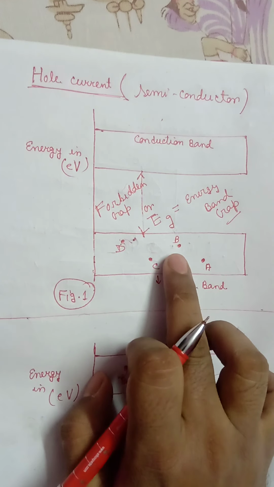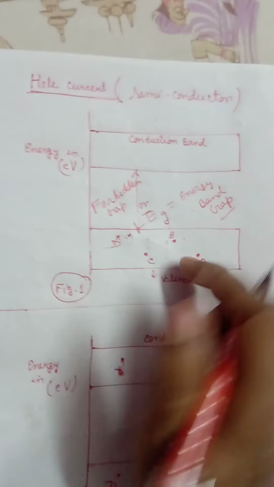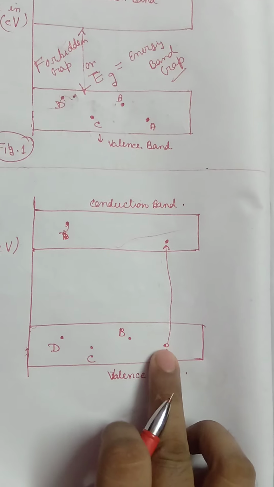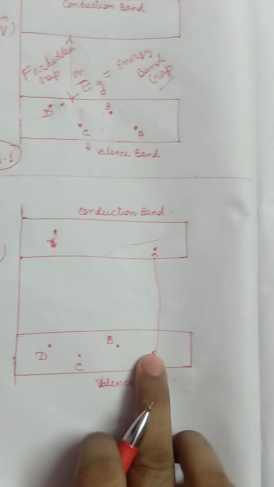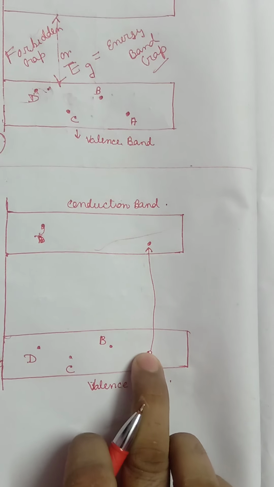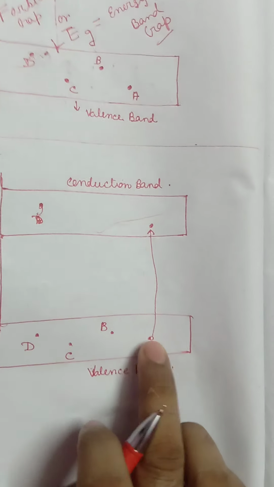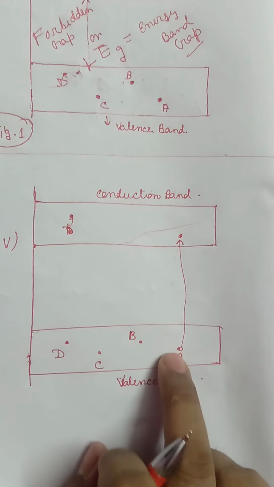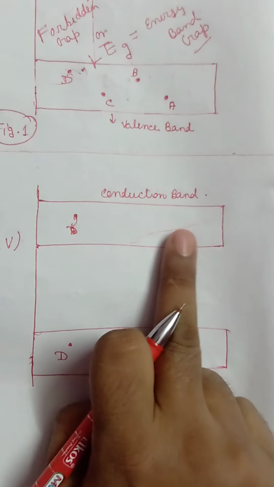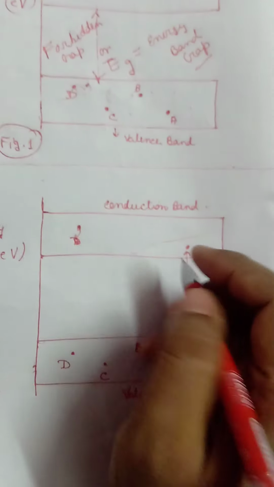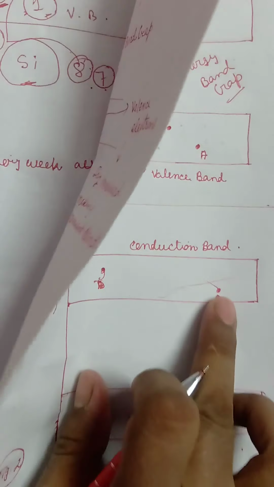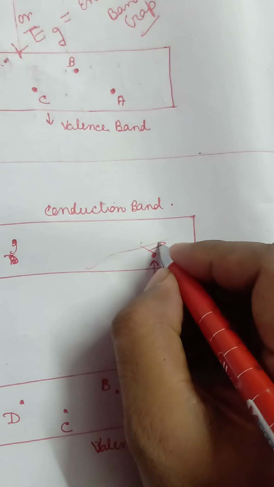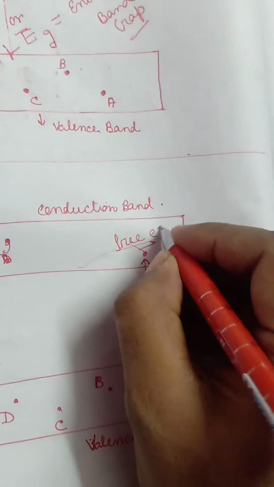When the covalent bond breaks, the electron gets sufficient energy so that it can shift from the valence band to the conduction band, and when it shifts, this electron becomes a free electron.